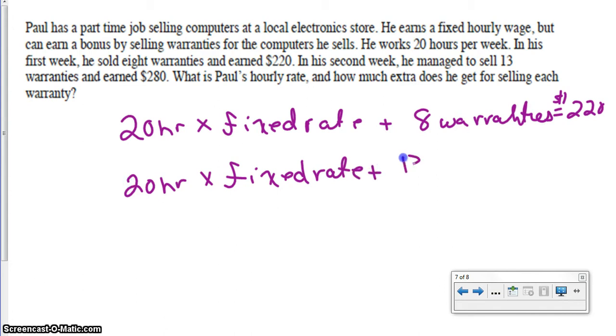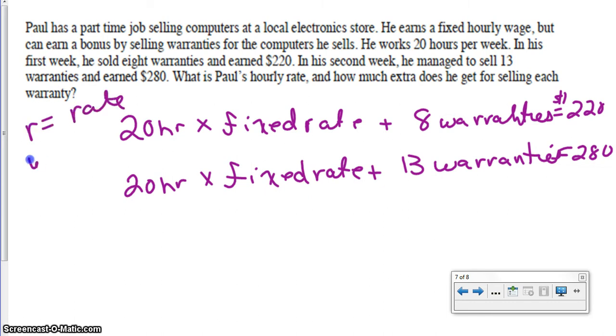and he sold 13 warranties to make $280. Okay, so we're going to let R be your rate, and we're going to let W equal the number of warranties.